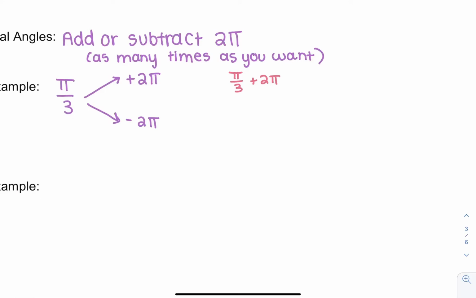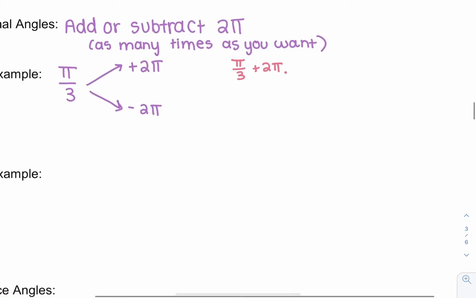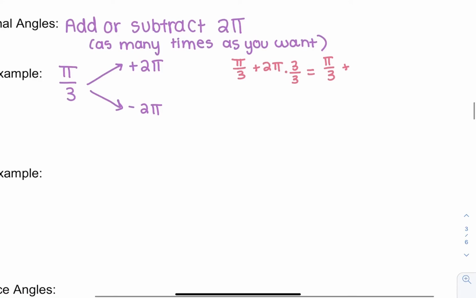I can get a common denominator by multiplying by 3 over 3, right? And then they'll both have a denominator of 3. So that becomes pi over 3 plus 6 pi over 3. Now remember, I just add the numerators, keep the denominators the same. So my new coterminal angle is 7 pi over 3.